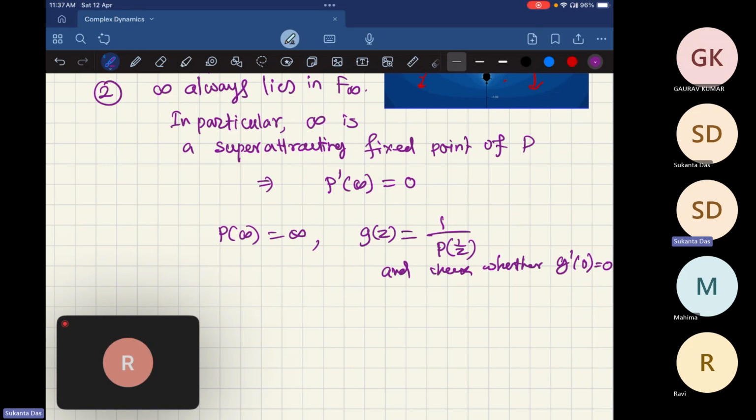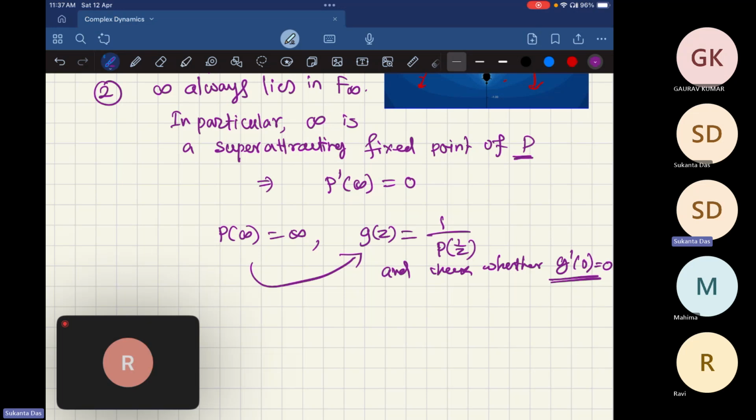That means the point at infinity is transferred to the point 0 for this function. So by checking this, we can say whether my g dash 0 is 0 or not. If it is 0, then I will say that it is a super attracting fixed point of the polynomial p.